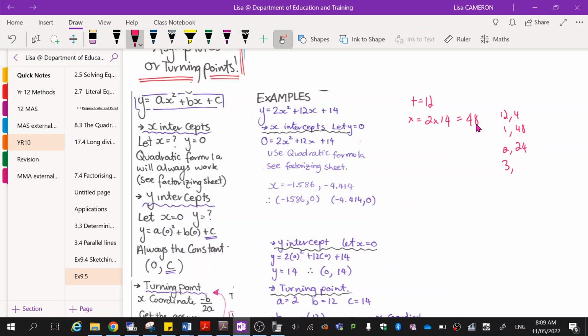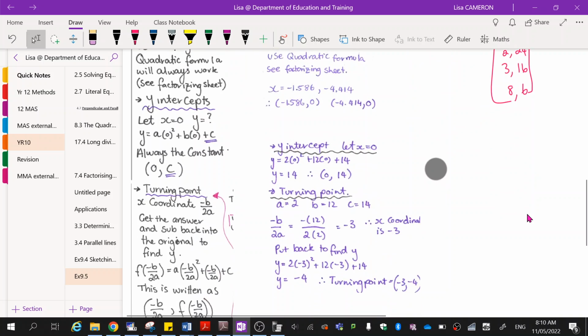So if I divide this by 3, I'll end up with 16. 4, I've got that one already, 5, and then I just go through the circle. So there's nothing that fits this, so I can't do anything with that. 8 and 6, that still doesn't fit. So there's nothing that I can really do with this. I need to apply the quadratic formula. If one of these fitted, it's faster to factorise, I think, but I remember factorising really well. So keep that in your little pocket.